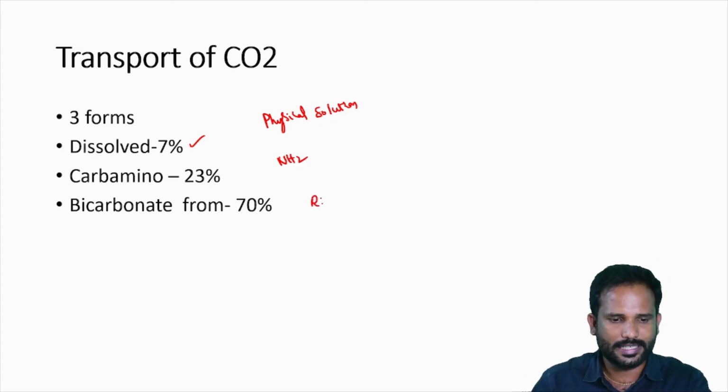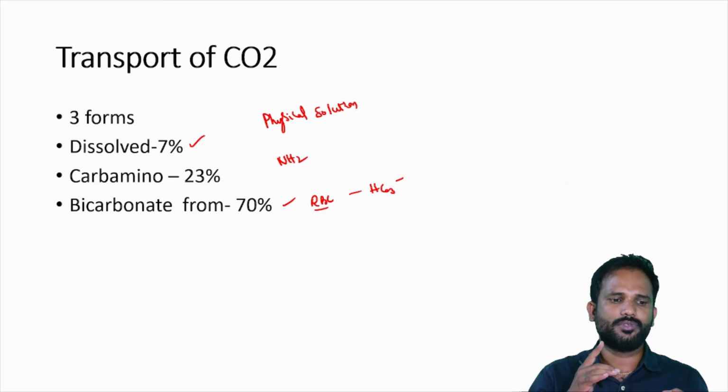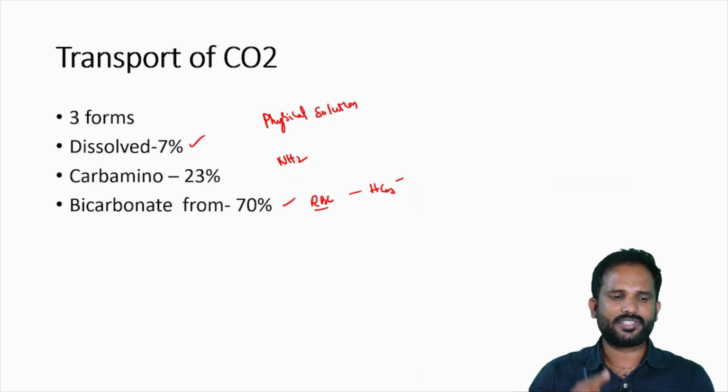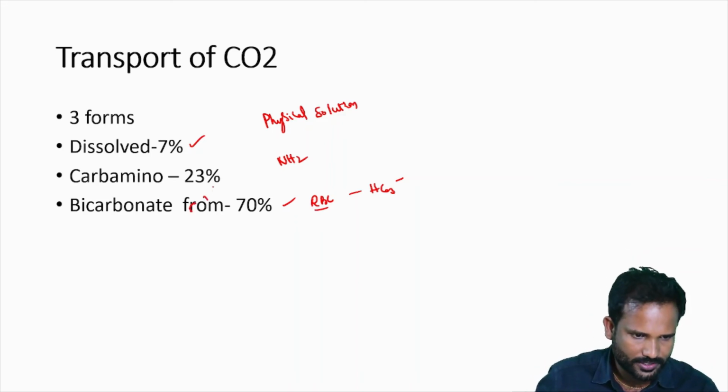In RBC, carbon dioxide is converted into bicarbonate and it is transported at 70%. So dissolved 7%, carbamino 23%, and bicarbonate 70%.